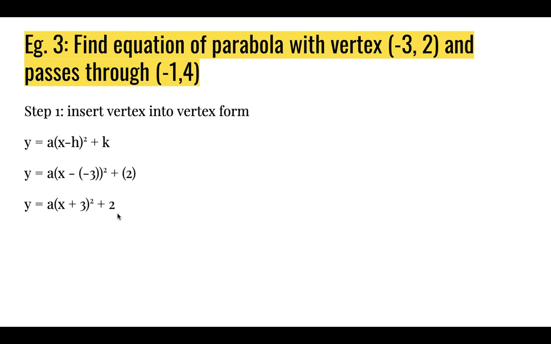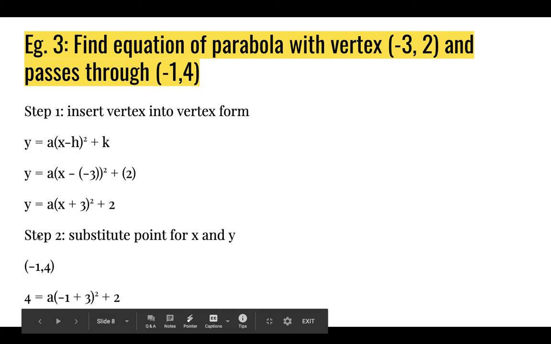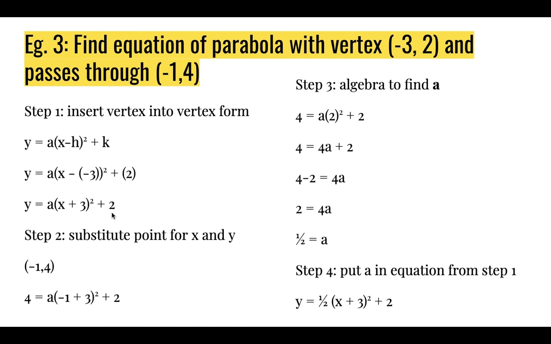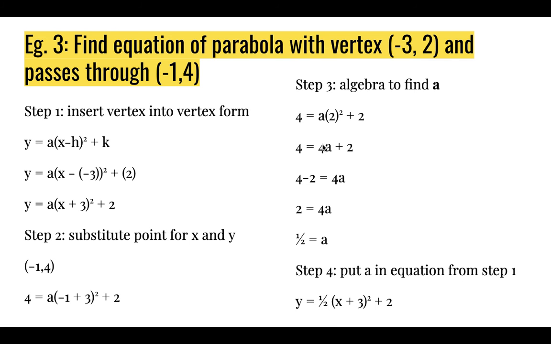And there's our equation, but we have to find a, so we're going to sub in our point to find a. So our point is (-1, 4). Put your -1 in for x and your 4 in for y. And we're going to do our algebra. So -1 plus 3 becomes 2. 2 squared is 4, so we get 4 equals 4 times a plus 2.